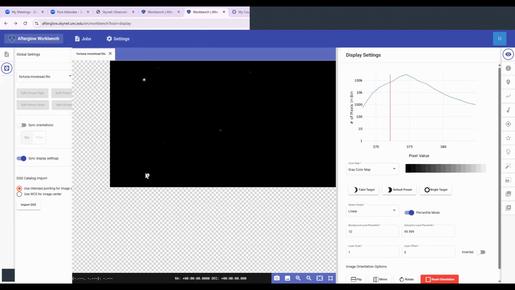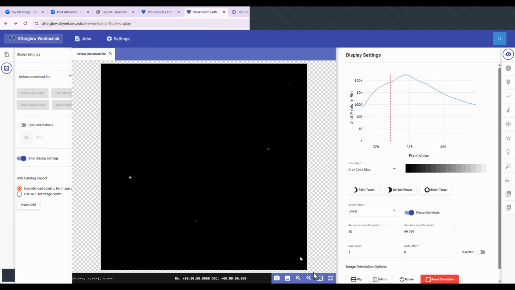Before doing that, let me close this one. You have this observed data, but you don't know which one is an asteroid and which is not. Then you click this tools setting, and you have another option called import DSS.